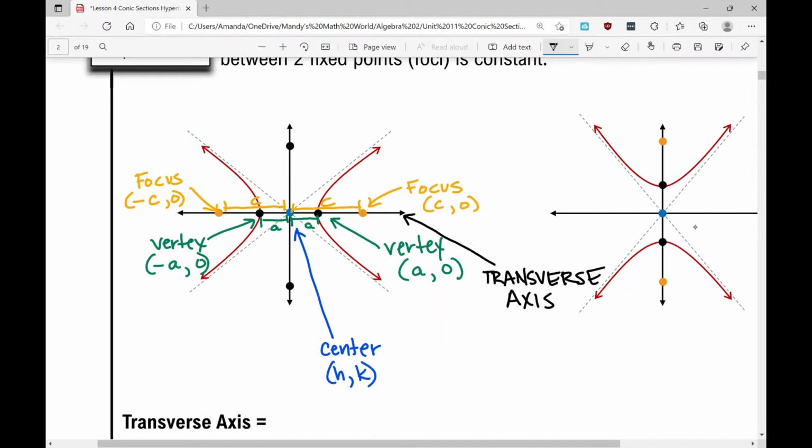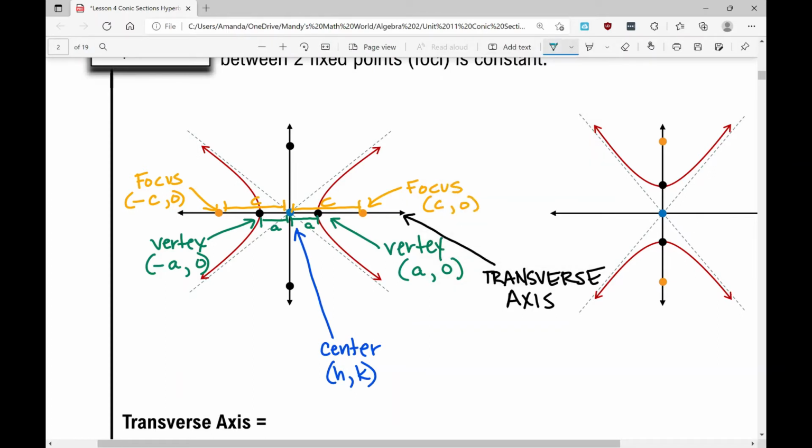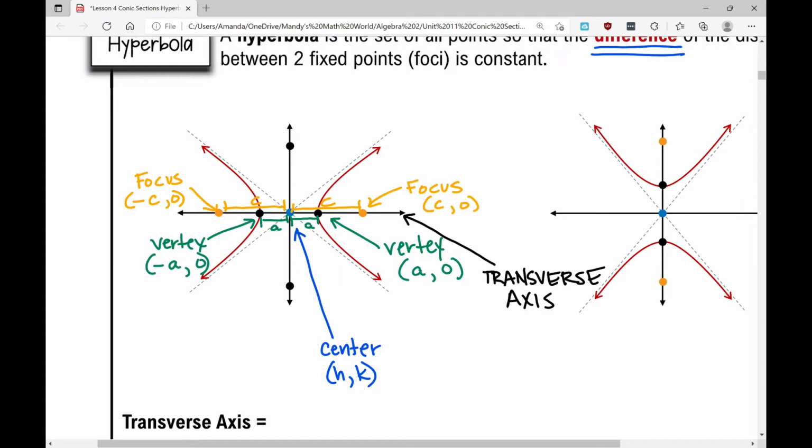If those black dots on that transverse axis are your vertices, then these black dots on this other axis are your covertices. So this is a covertex. We're using the same variables when I talk about the distance from the center. The distance from the center point to that covertex is b units.